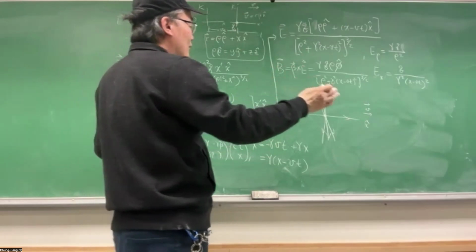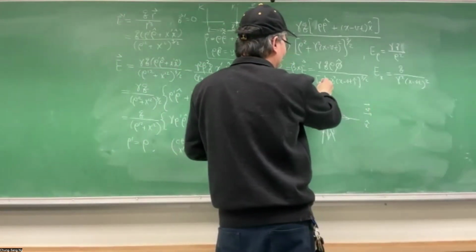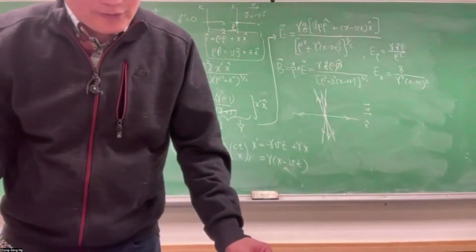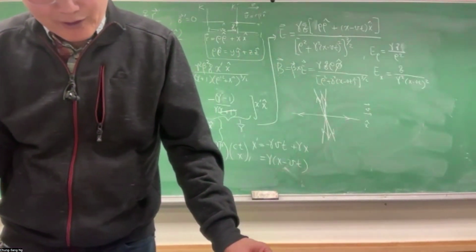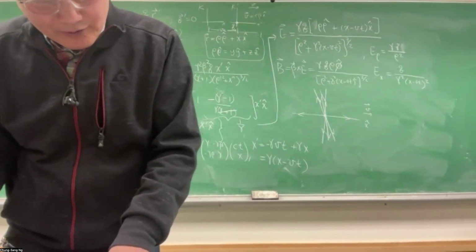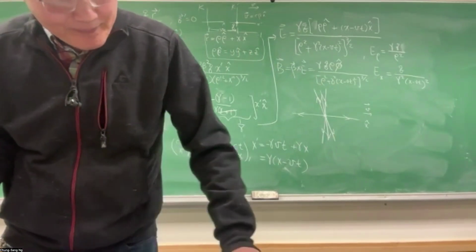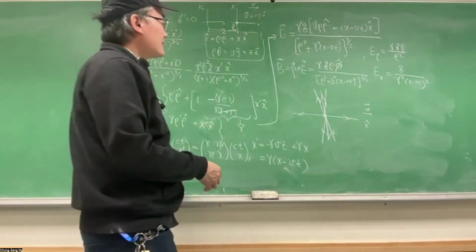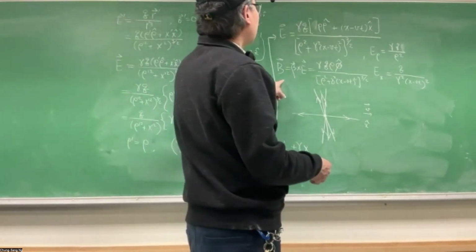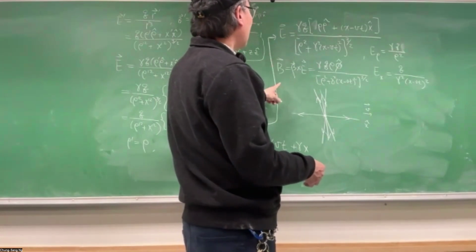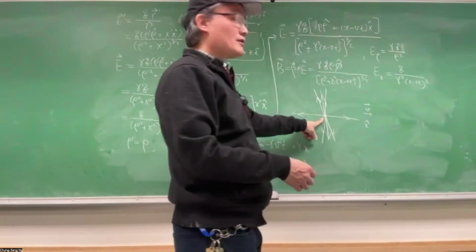But for a moving charge, the field is compressed along the perpendicular direction. There's a figure in Jackson, 11.9, that also illustrates this. So that is the property of the electric and magnetic field for a moving charge with a constant velocity v.